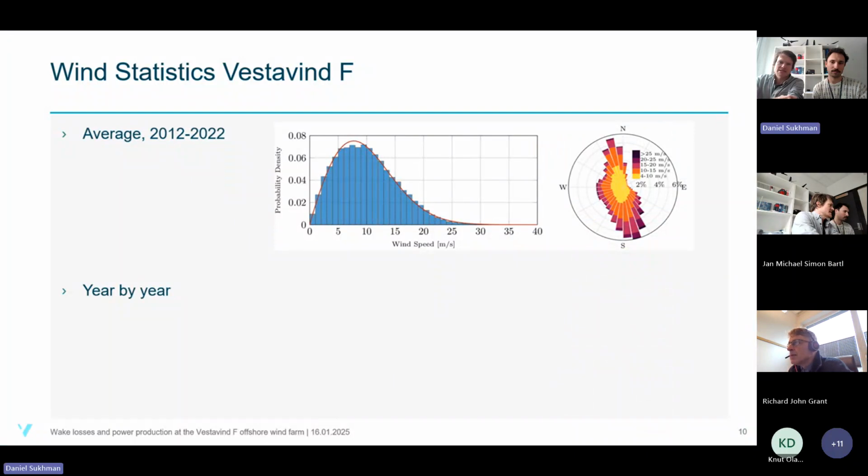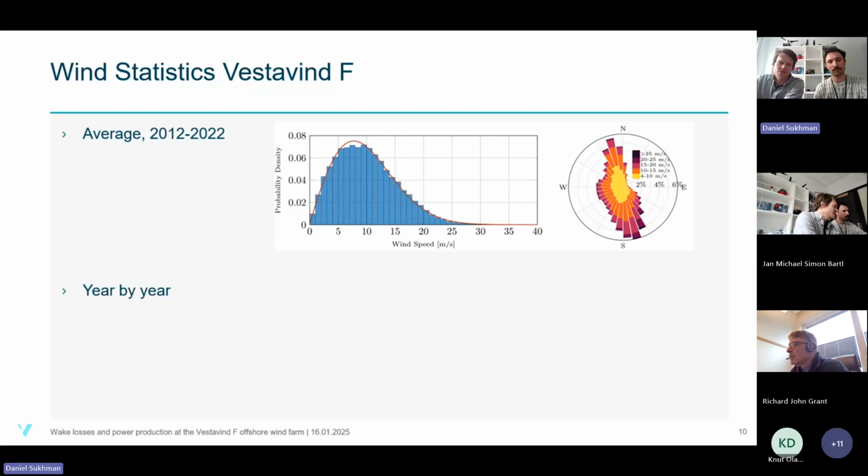When we look at the wind statistics at Vestavind F or Utsira Nord, we took those NORA3 data and analyzed them for 11 full years from 2012 to 2022, and we found a nice Weibull distribution, which looks like that, and also a windrose, which shows that we have predominantly winds from the southeast or also northwest dominated.